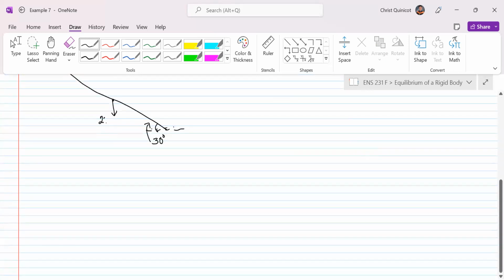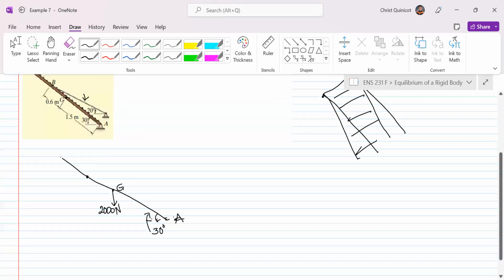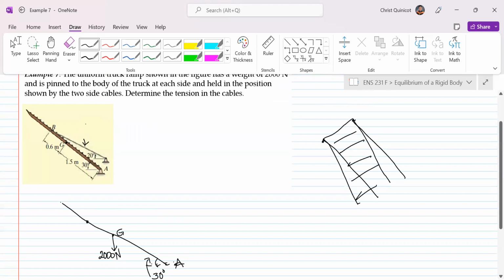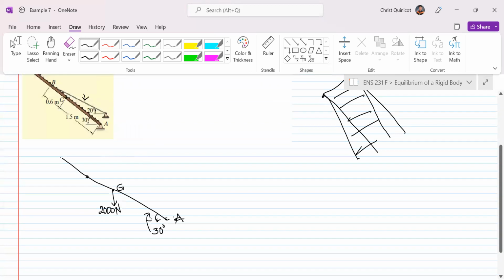This is 2000 Newton, and this is A. This is the center of gravity G, and at B is the location where our tension is applied at this ramp.